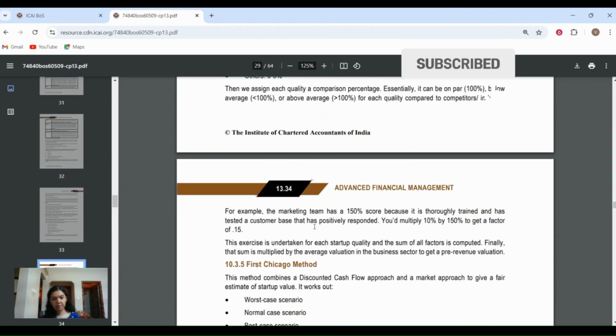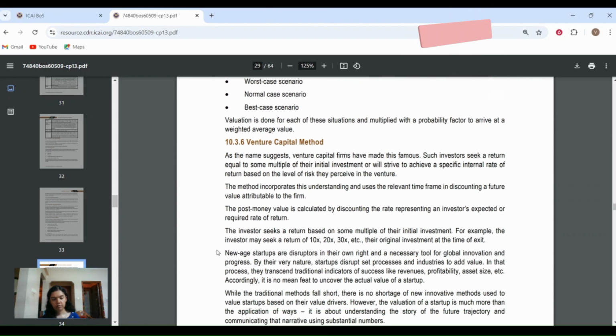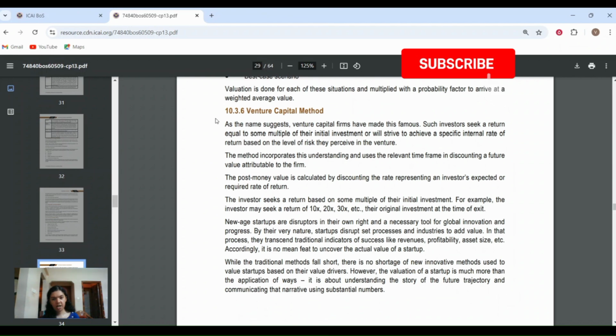So here on page number 13.34, you can see the venture capital method. So the answer to the question asked in the mock test paper, the venture capital method of valuation of startups, is here.